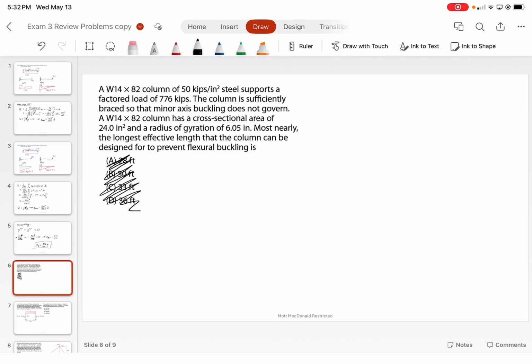The radius of gyration in the major axis is 6.05, so you don't even need to solve for I. The radius of gyration squared is equal to the second moment of area divided by the area, right? So Ix would technically just be the radius of gyration squared times the area. That's what I did to solve for I.